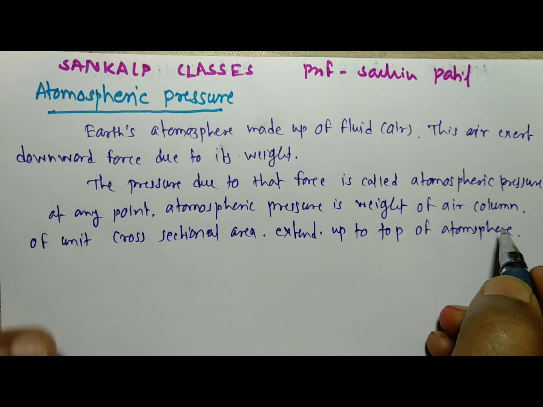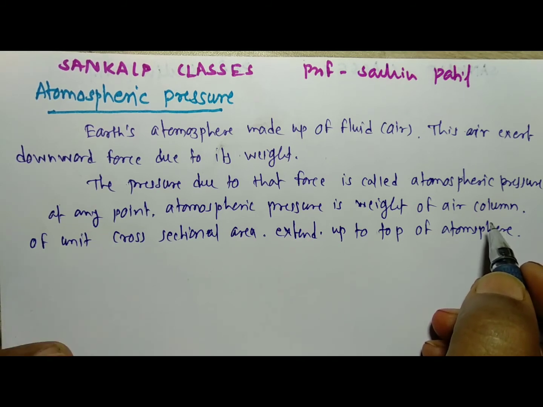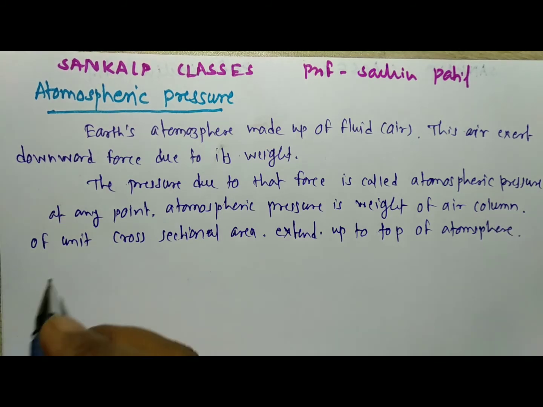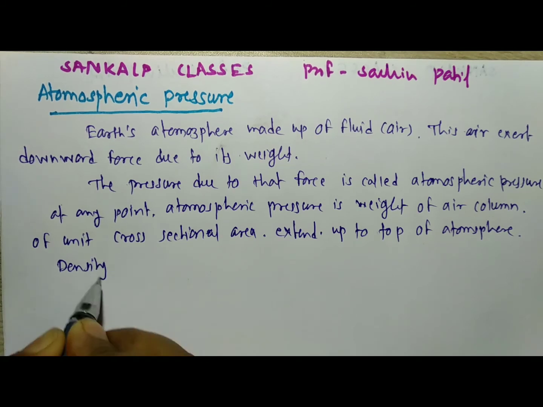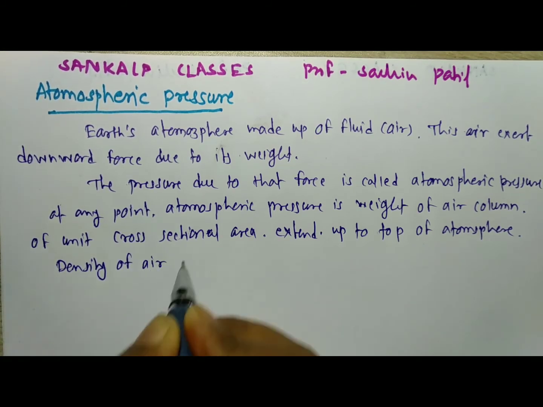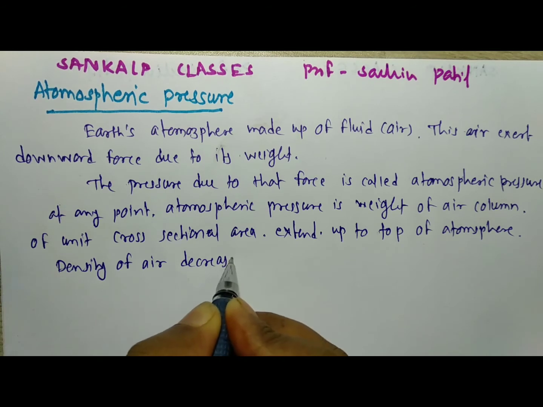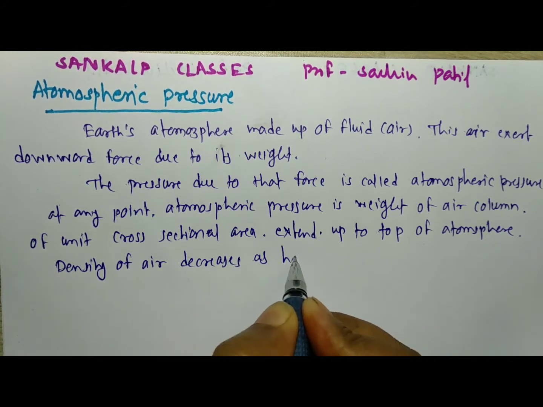It is considered at 8 km. Beyond 8 km the density of air is negligible, because the density of air decreases from the surface of the Earth as height increases.